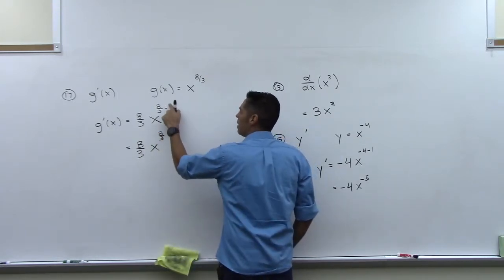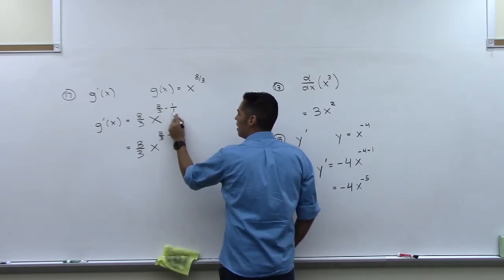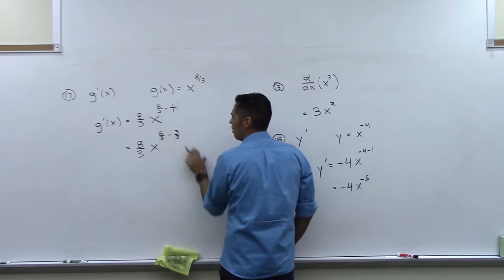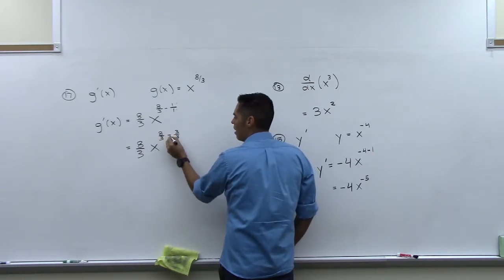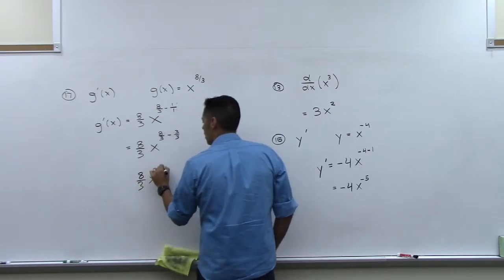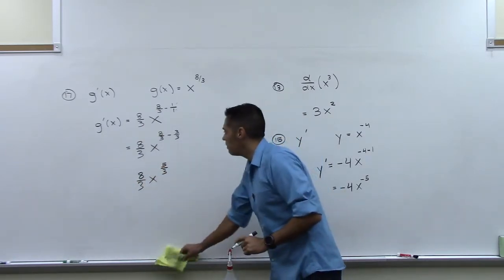We treat this 1 right here as if it was 1 over 1. We need a common denominator of 3, so I multiply top and bottom by 3. That's the same as 3 over 3. So that's still a 1, but now I have the same denominator. So I subtract 8 minus 3, which is 5. So I have 8/3 x to the 5/3. So that's it for number 17.